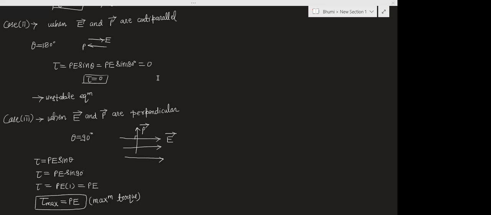This P vector is the dipole moment. Written? Yes, sir.